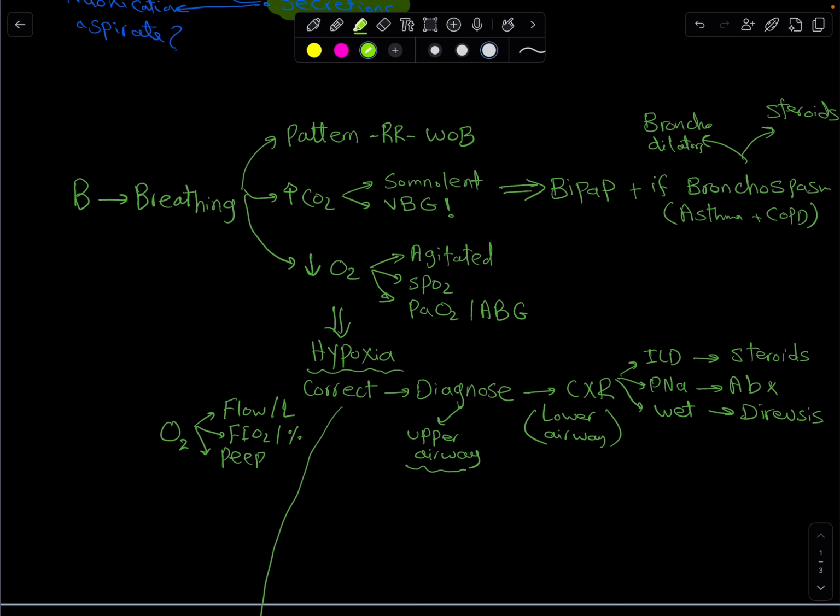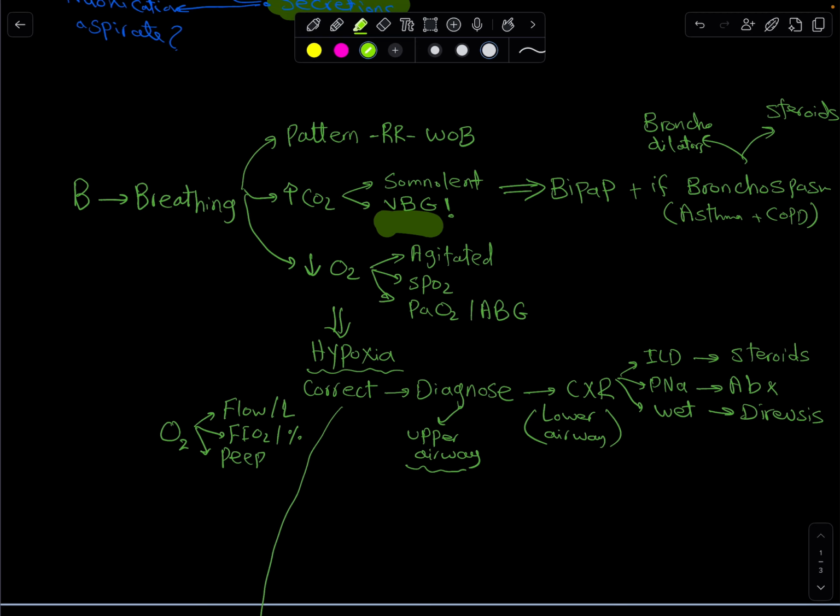Then we have the two types of respiratory failure, whether hypercarbia, where you have problem with ventilation, and you can see high CO2 level and respiratory acidosis. And on the other side, the hypoxia part. Always remember the hypercarbic patient will be somnolent, will be sleepy, and the only way to diagnose the hypercarbia is to get a VBG to assess hypercarbia, right?